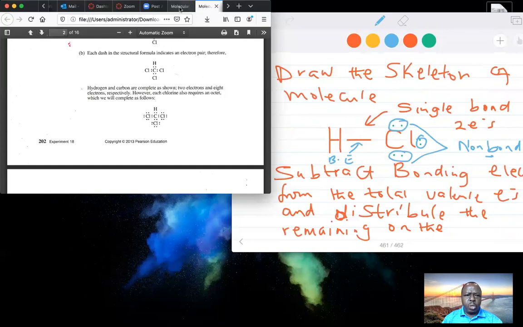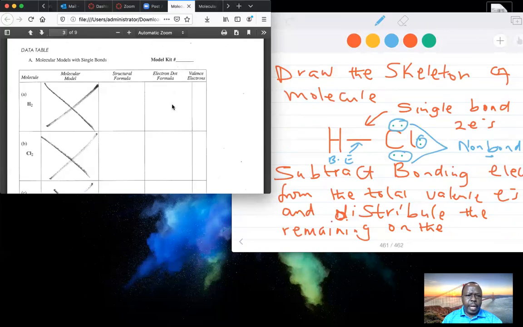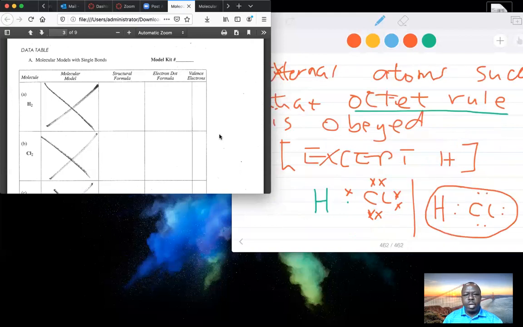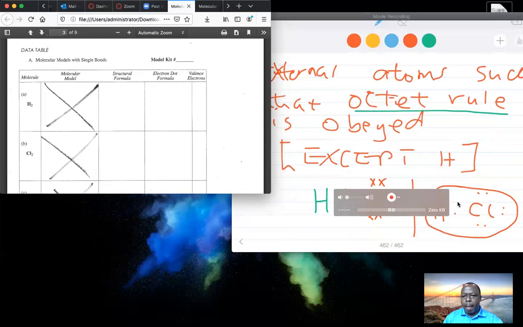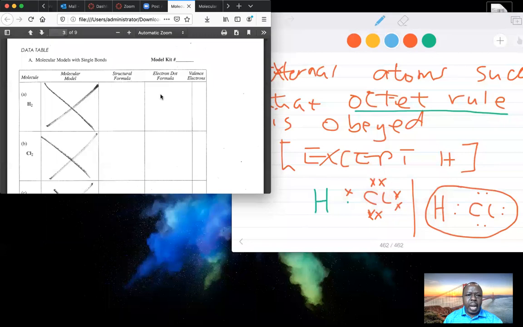That's what you need to do in this column right here. Here, you only show the formula, only the connection on this part. Here, you change the connection and you still have to indicate the non-bonding electrons. In here, you show the bonding electrons as well as non-bonding and change the lines to dots.